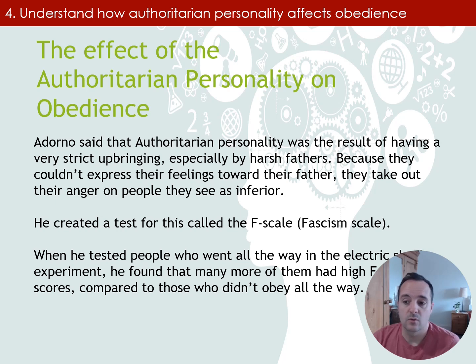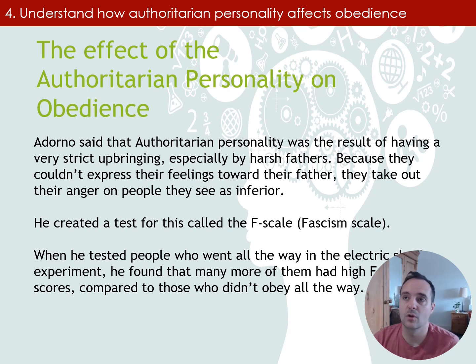And what he found was that many people who on the Milgram study, those who had actually gone all the way and electrocuted the learner, actually they all scored really high on the F scale for authoritarian personality.